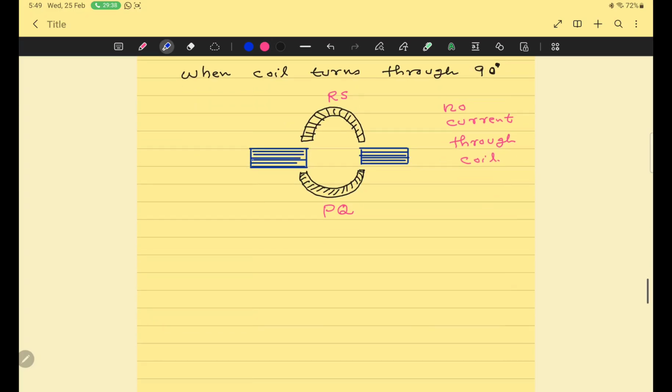Because the current is coming from the battery, and this current comes up to the carbon brush. But in this diagram, the carbon brush is not in contact with the commutator. So no current is passing through the coil.